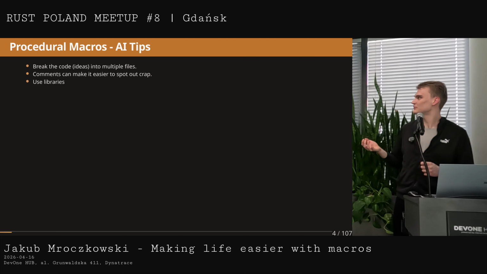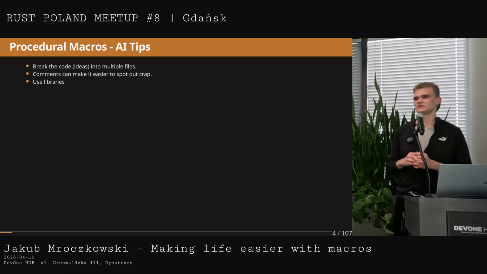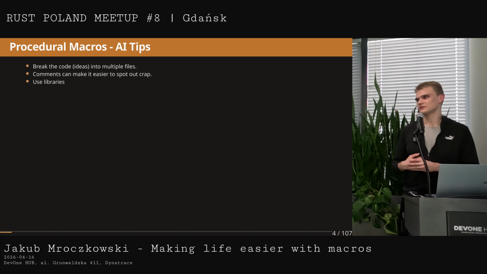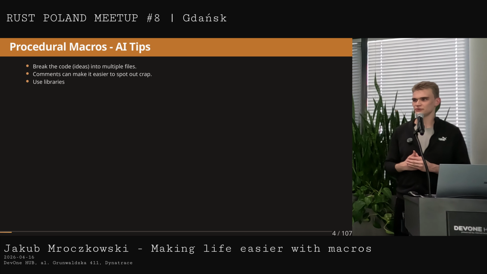So I recommend asking AI to explicitly add more comments. Also, AI tends to not use common libraries for procedural macros. For example, it uses strings instead of the quote library, which allows us to write actual Rust code instead of strings and use syntax highlighting for them.